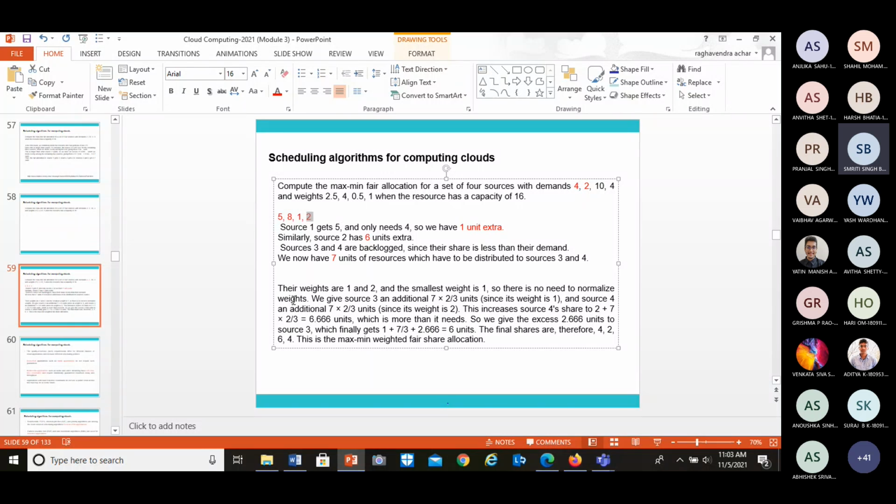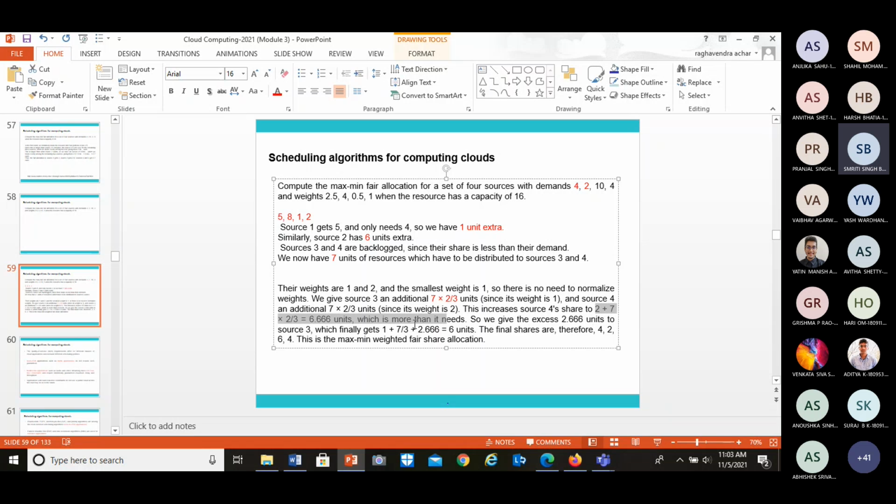Yes, that is what is mentioned here, right? So first, what you do is 7 into 2/3. That is for the last user. So in case of the last user, how much will he get?